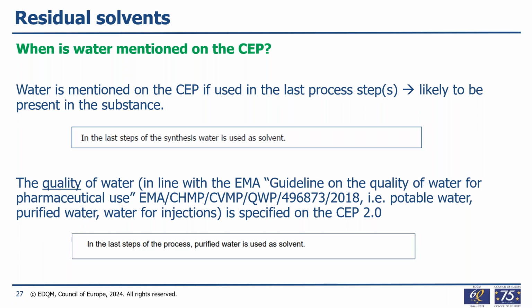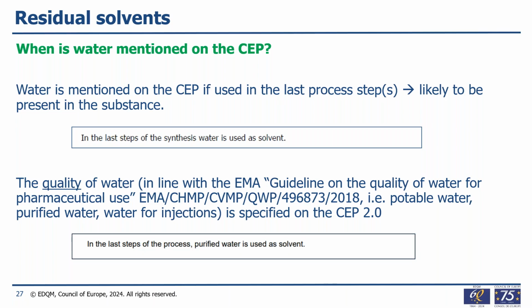With the implementation of CEP 2.0, now the quality of water additionally is mentioned on the CEP. So, please pay attention that the quality of water mentioned on the CEP should be in line with the EMA guideline on the quality of water for pharmaceutical use.